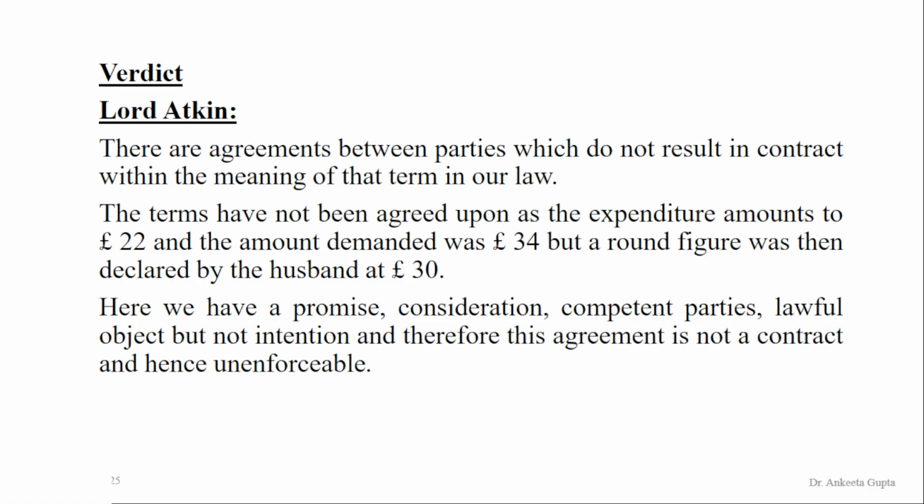Because as per the facts and various documents and evidences that were produced, the husband was able to prove that essentially £34 were demanded, but the expenses of the woman were £22, and he made this statement. And then they said that probably a round figure of £30.